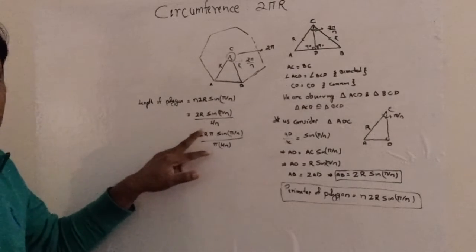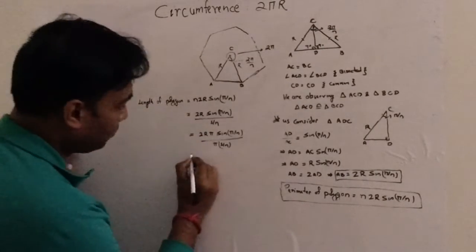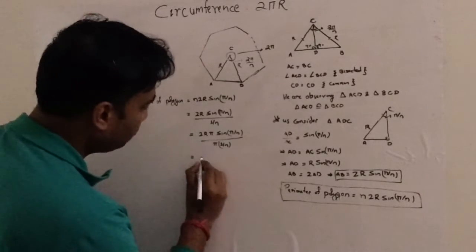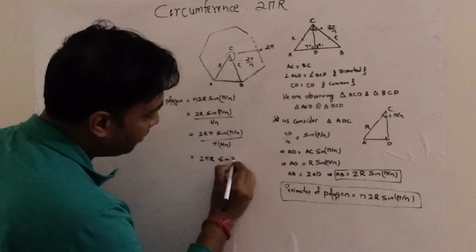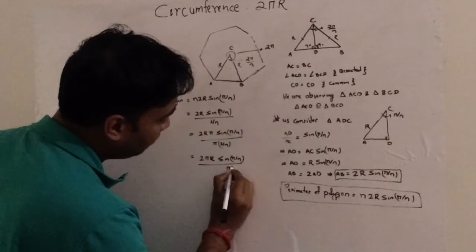This is not going to change the equation, right? So this will reduce to 2 pi r times sine pi over n divided by pi over n.